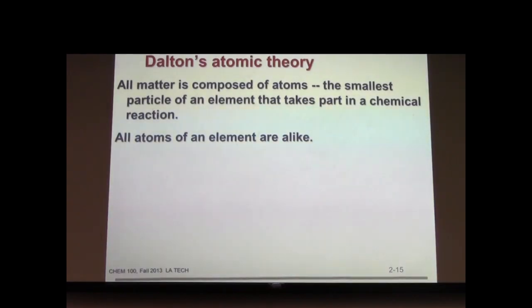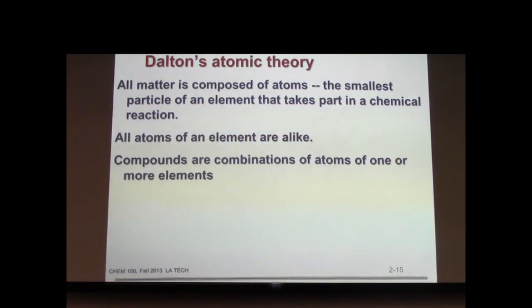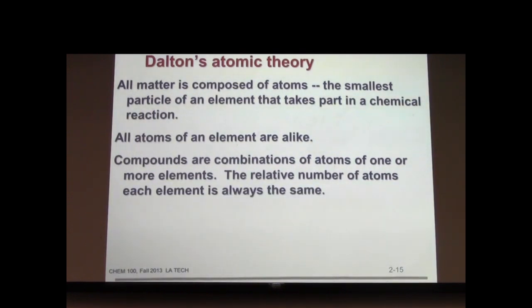That's the idea. Let's see how they wrote it. Compounds are a combination of atoms of one or more elements. The relative number of atoms of each element is always the same.